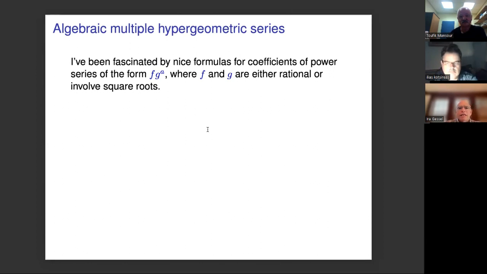So these things, when you specialize them in the right way, you get power series whose coefficients are integral factorial ratios, and they're not obviously integers. In some cases here, unlike the previous examples, we actually do get combinatorial interpretations, but in most cases we don't.